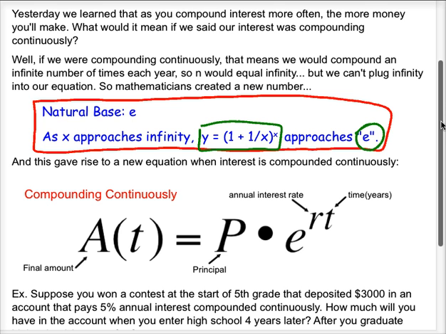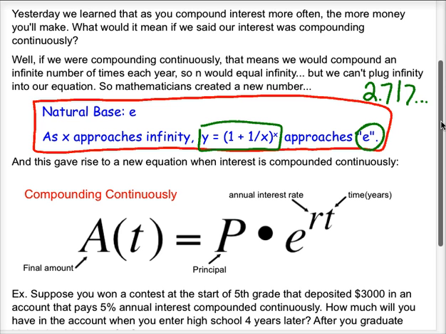Now the number e does actually have a value to it. On the calculator, the number e is right on the division symbol. So if you do second, then the division symbol to get e, and press enter, it'll tell you a value: 2.717 and so on. It just keeps going.